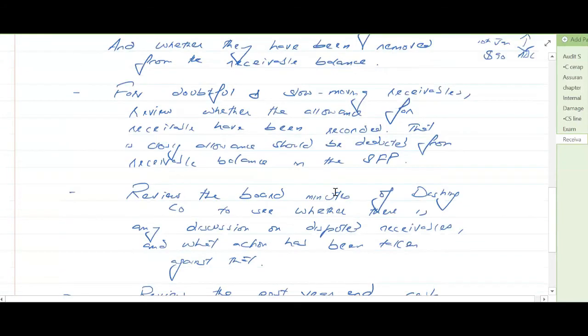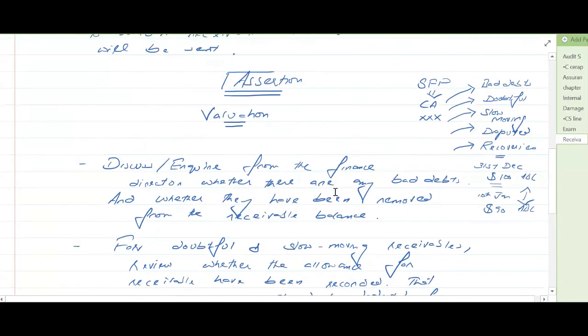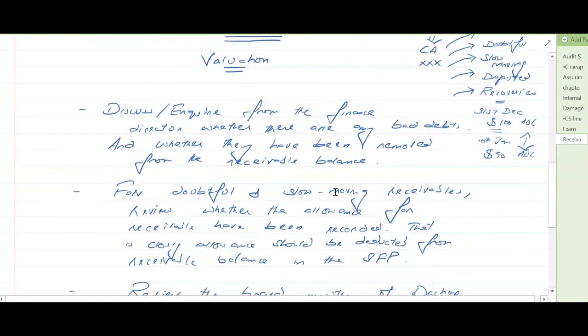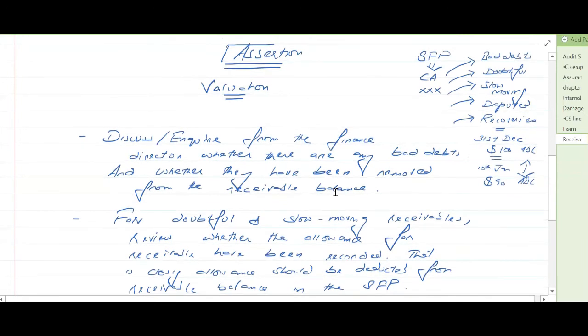So these are the procedures which are related to the valuation. In all of these procedures, we aimed to confirm whether the receivables have been recorded at the correct value.